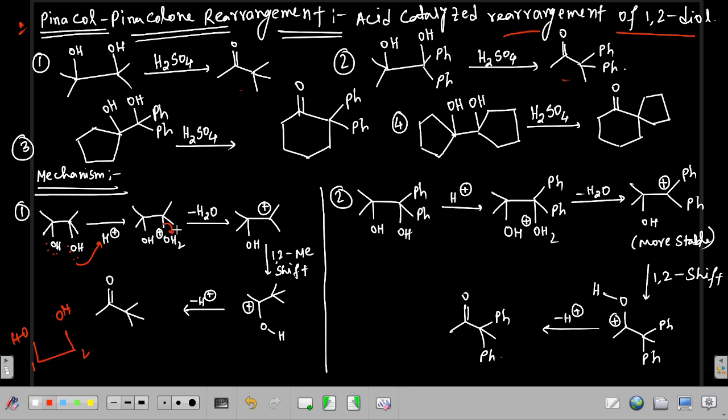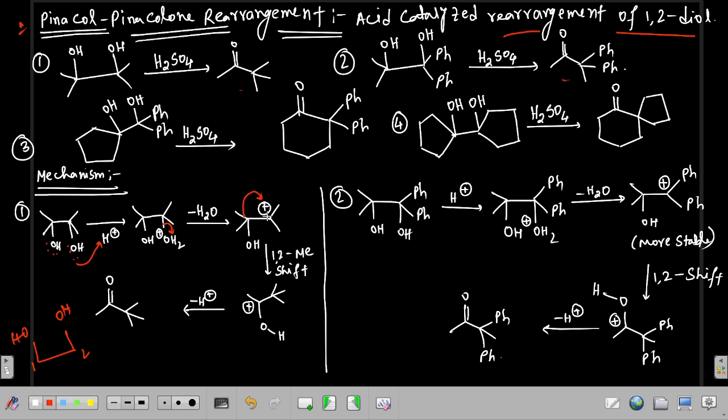Later there will be removal of this H2O, and it leads to the formation of this carbocation. And now there will be a 1,2 shift of methyl, and it leads to the formation of this carbocation.